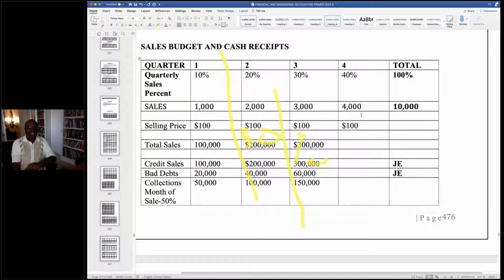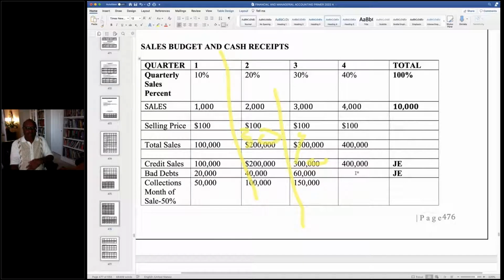The sales are 400,000. Can y'all handle this one? And the credit sales are 400,000. Make your sales all credit. That will ease your problems.